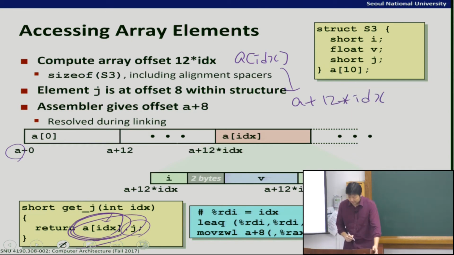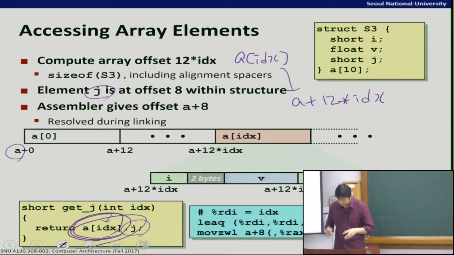The compiler also knows that this field j is at offset 8 within the structure. So the address for the return value is A plus 12 times idx plus 8. That's the location of the value we want to access.